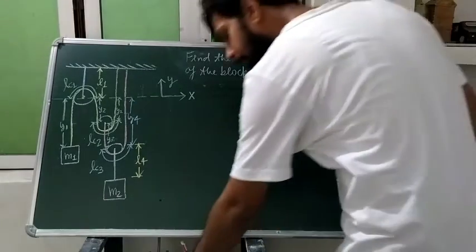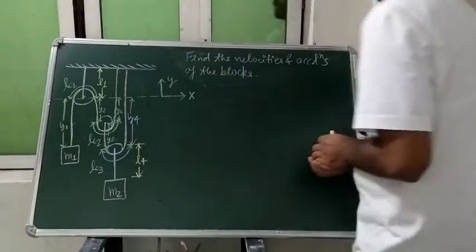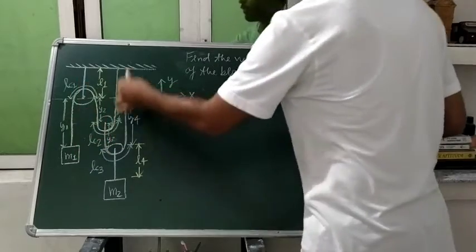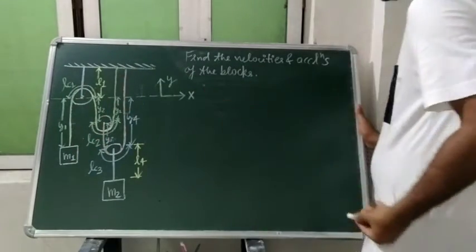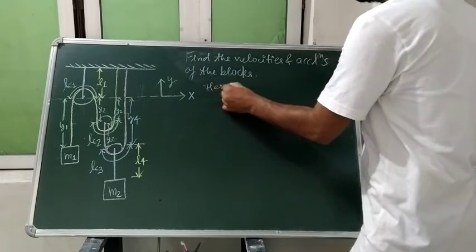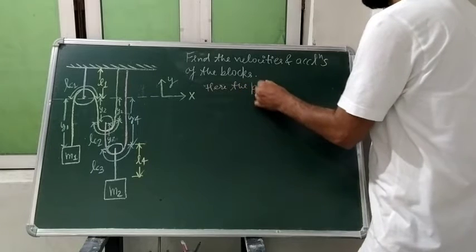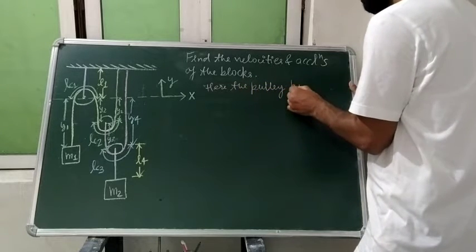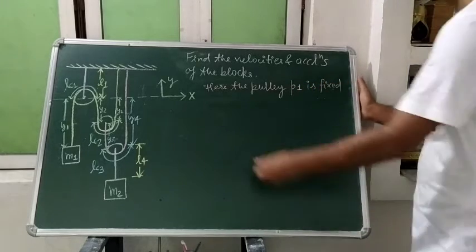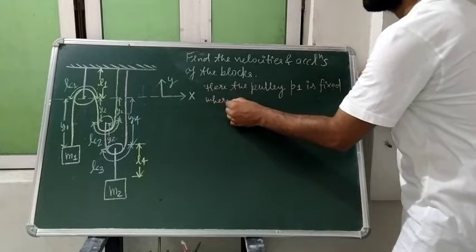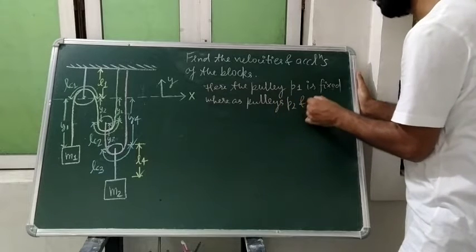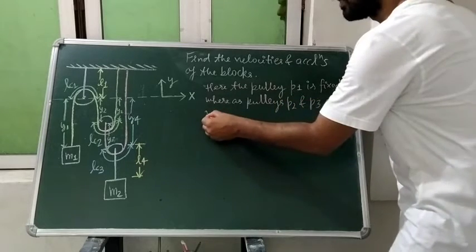So students, after coming to know the length of the string from the datum, suppose I am selecting the second string, and one thing you will notice is that the pulley P1 is fixed, whereas pulleys P2 and P3 are moving.